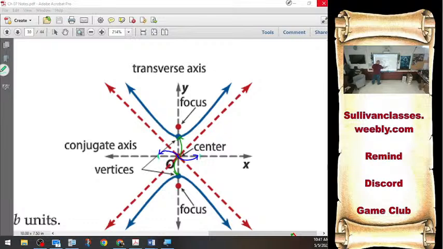I'll just make a mark here and a mark here, and then I will connect those two to see where my asymptotes go. Okay, so it's this little invisible box of up A over B or up B over A, depending which way I'm going, that tells me where my asymptotes are going to be.